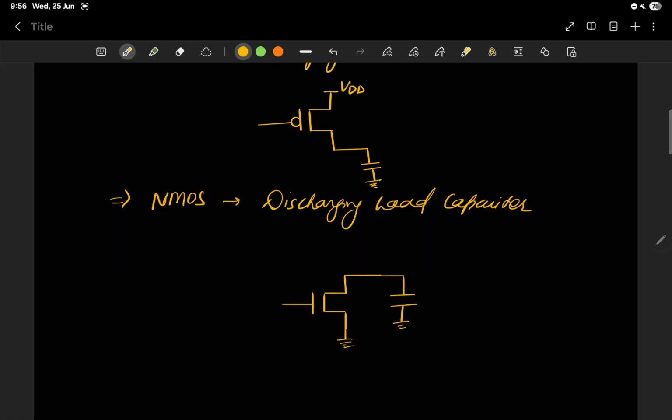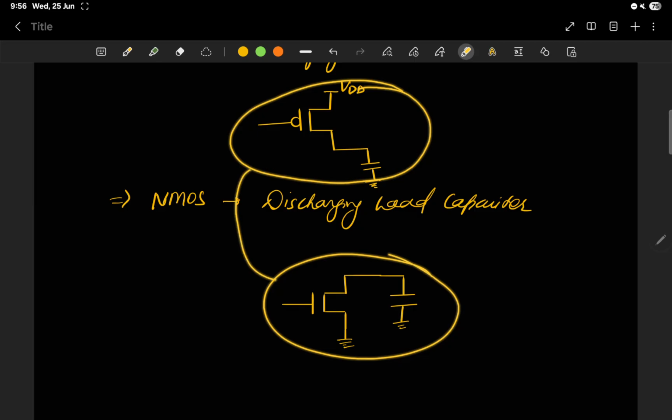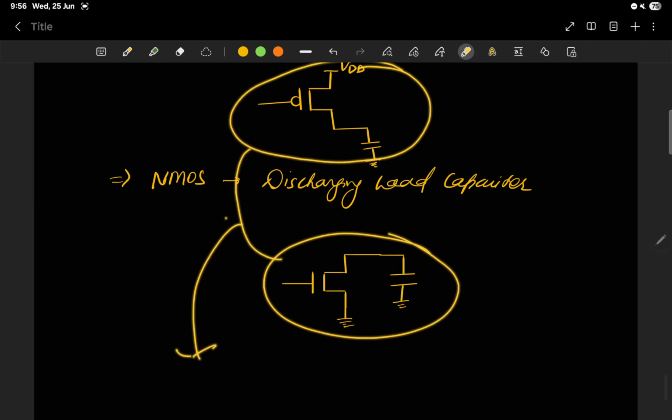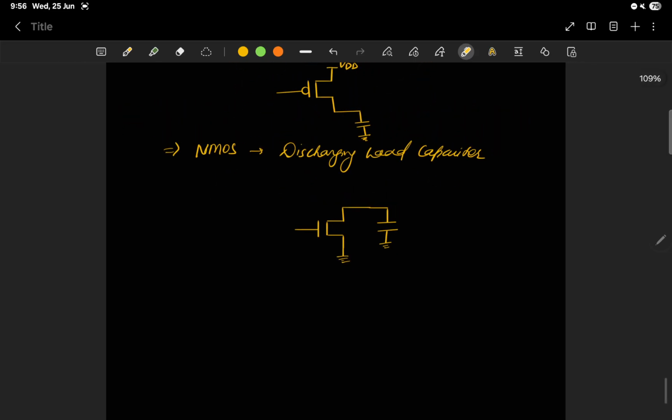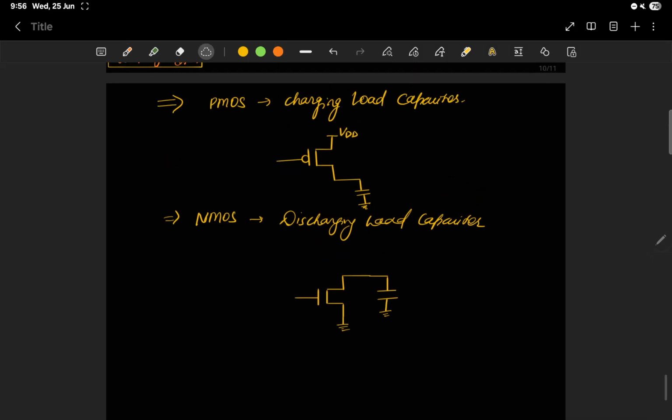So when we do the construction of CMOS, we will combine these two circuits. After combining these two circuits, let's try to see what we will make. Let me copy this circuit.